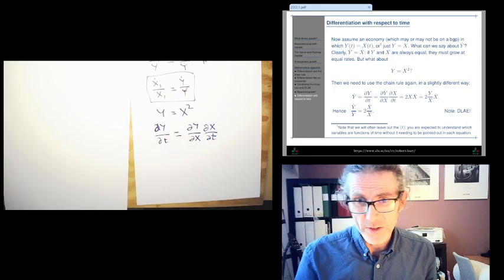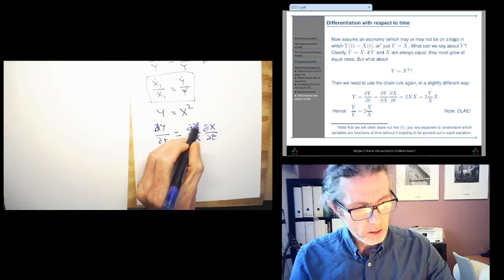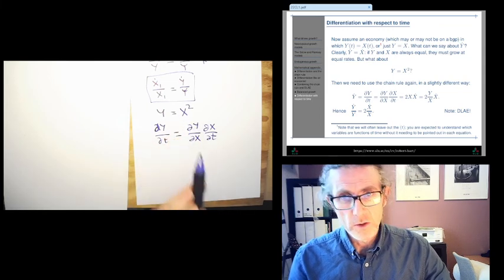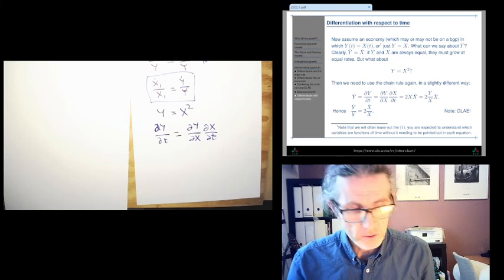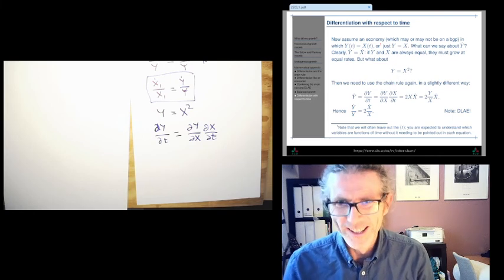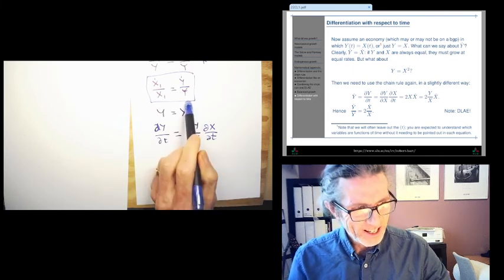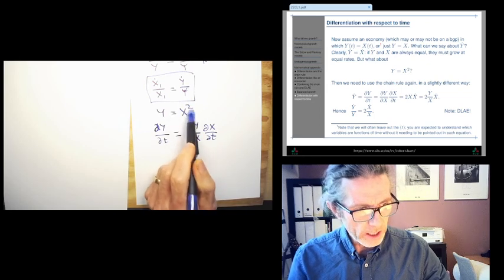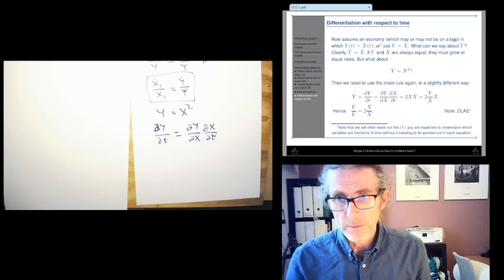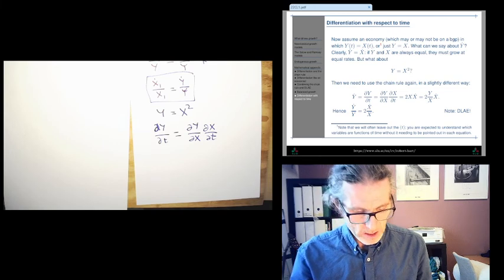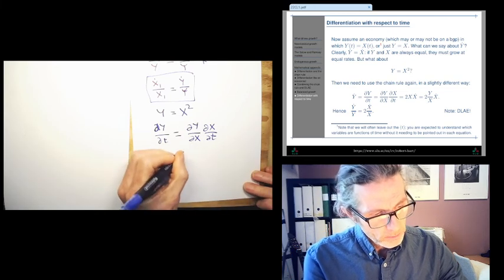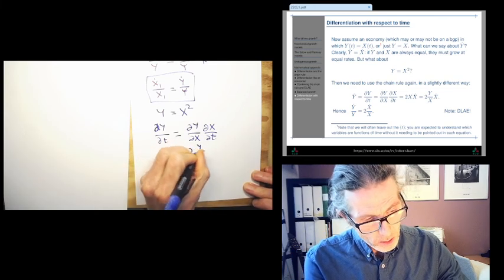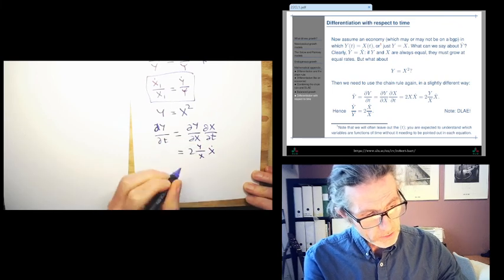Dx dt is just x dot. Dy dx is just 2x. So it's 2x times x dot. Or, doing it like an economist, it's 2y over x times x dot.